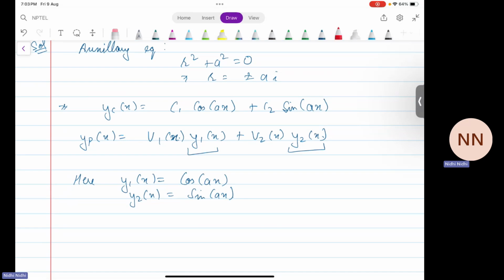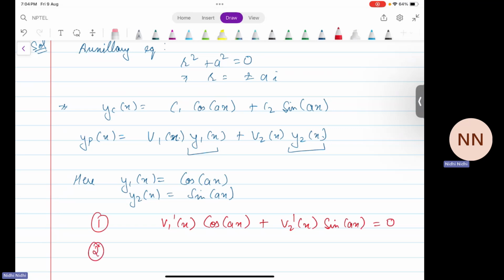The first one is v1 dash(x) y1(x), which is cos ax, plus v2 dash(x) y2(x), which is sin ax, must be equal to 0.